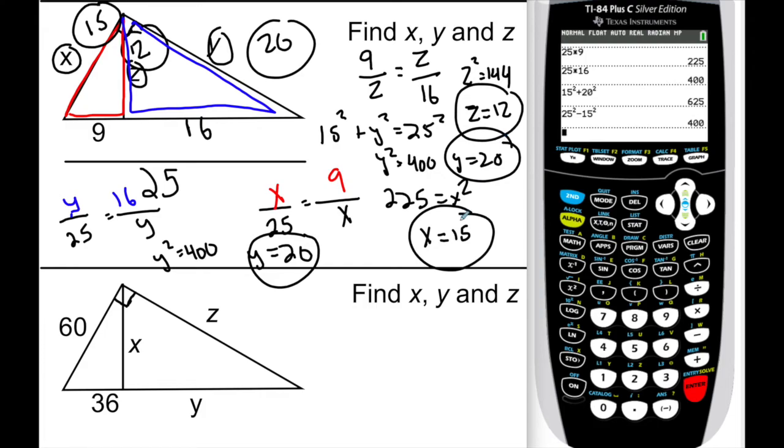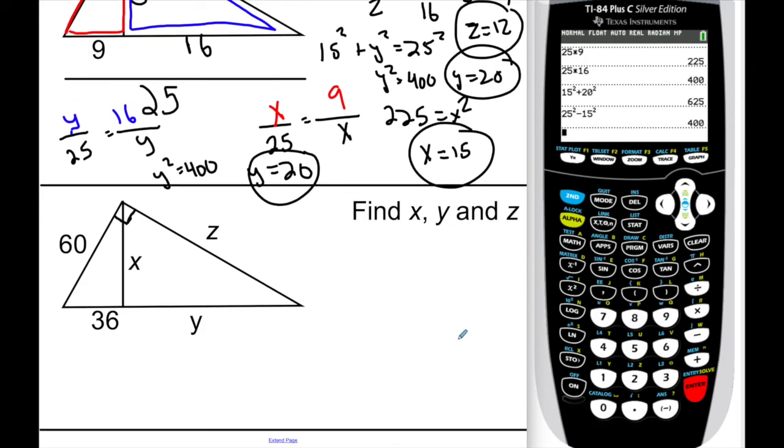All right, going on to the last one. This is going to require a little bit more algebra. So think about this. What are we given? Okay, we're given these two pieces of information in the same triangle. So I can't solve for x because I don't know y. I can't solve for z because I don't know y. I don't know the whole length, so I can't figure this out.